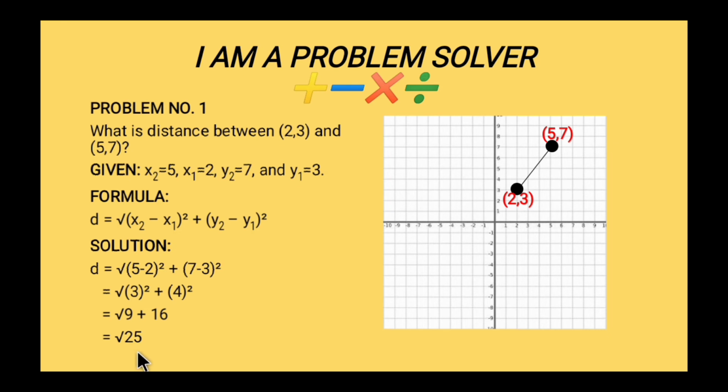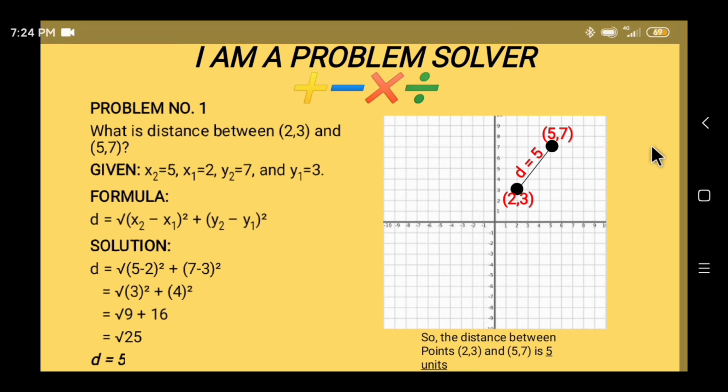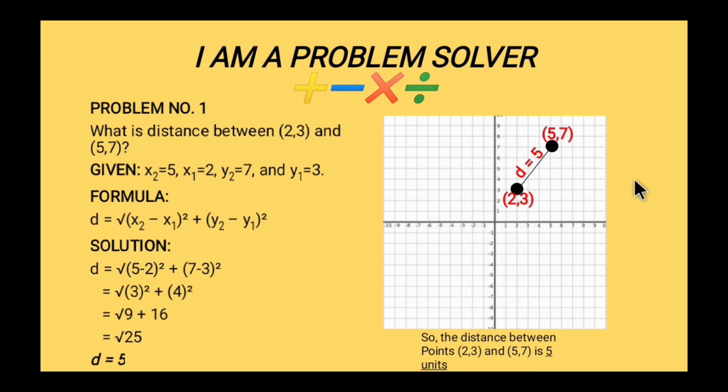So the square root of 25 is what? Is positive 5. And so that's why the distance between the 2 points is 5 units. So the distance between points 2, 3 and 5, 7 is 5 units. Like I said, 5 units.